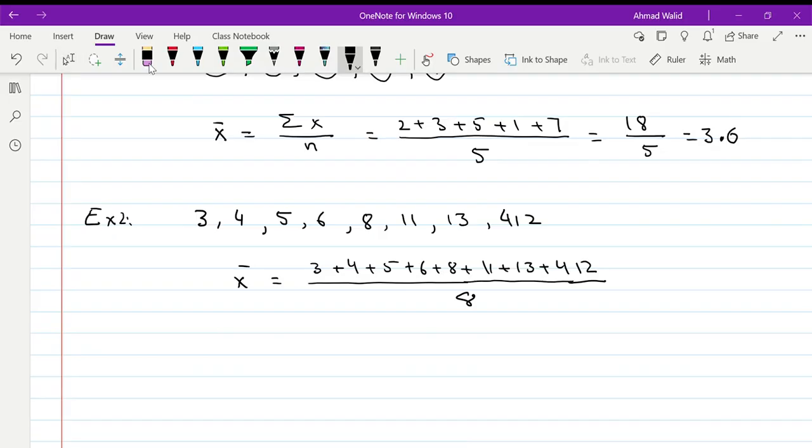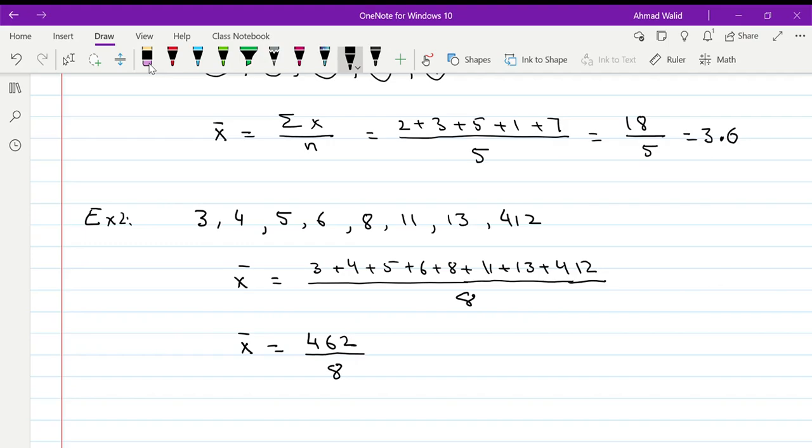Then x bar equals 3 plus 4, 7, 7 plus 5, 12, 12 plus 6, 18, 18 plus 8, 26, 26 plus 11, 37, 37 plus 13, 50, 50 plus 412 gives you 462. Hopefully I'm right. If I miscalculated, you can correct me, because I'm not using a calculator.